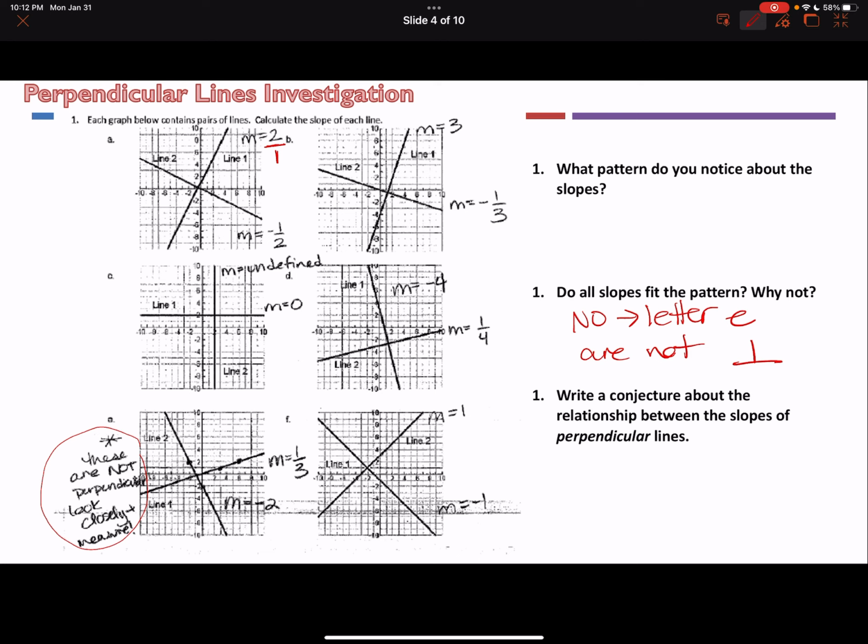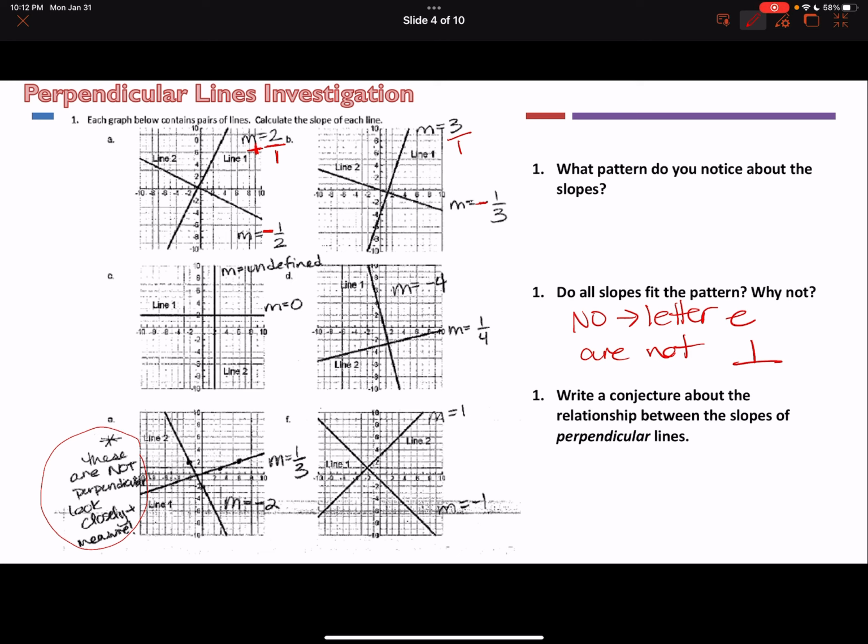But also, line 1 had a positive slope, and line 2 had a negative slope. Look at letter B, 3, or in other words, 3 over 1. Flip it, becomes 1 over 3, and if I change the sign, it changes to a negative, right? So positive 3 over 1, negative 1/3.